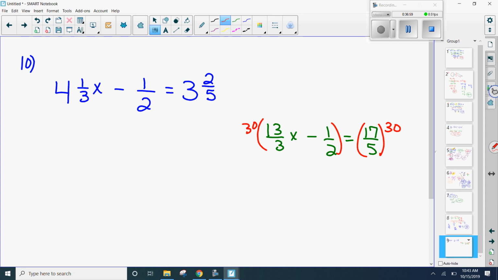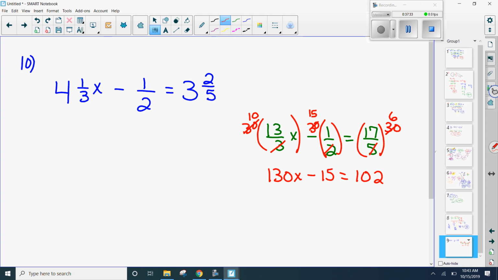If you do that, you have to use the distributive property on the left-hand side. 3 goes into 30 how many times? 10. You multiply by 10, you get 130x. 2 goes into 30 how many times? 15. 15 times 1 is 15. 5 goes into 30 6 times. 17 times 6 is, I believe, 102. Then solve that problem.